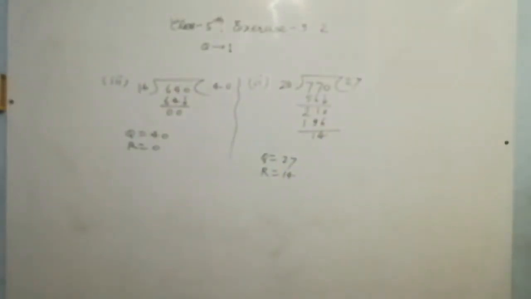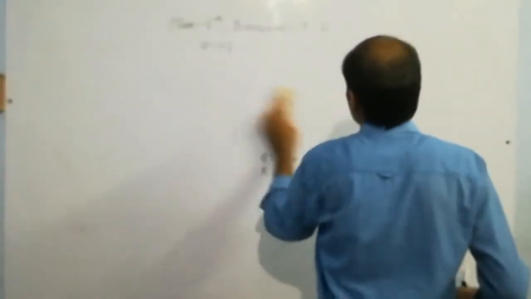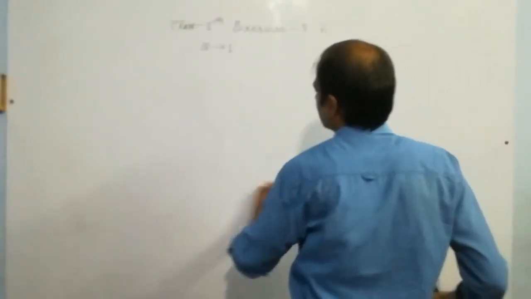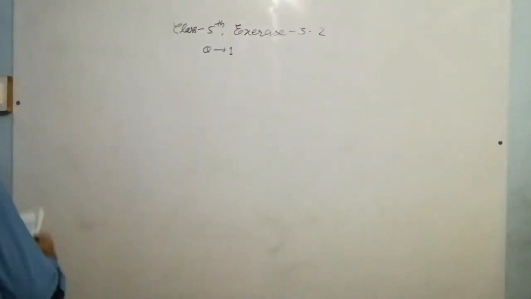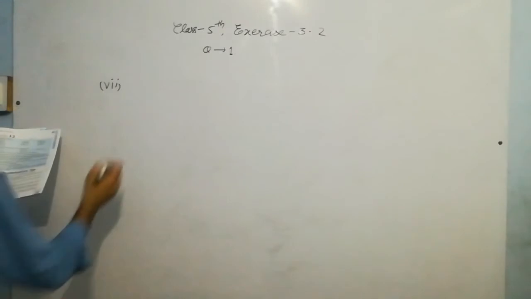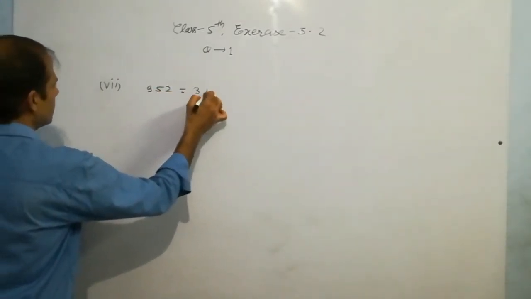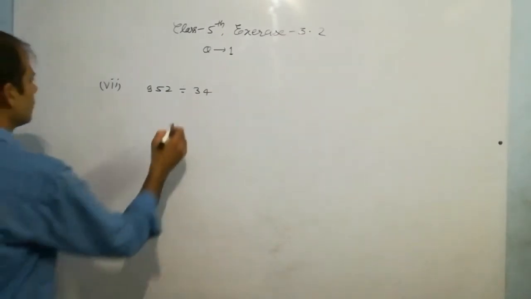Now I solve seventh part. Seventh part is 952 divided by 34.